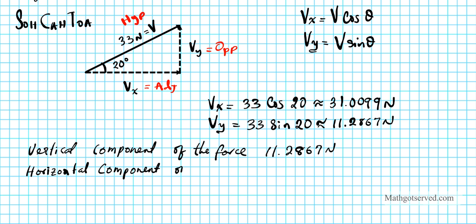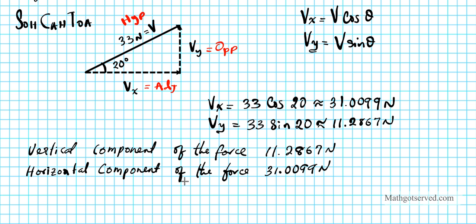Horizontal component of the force is going to be 31.0099 newtons. You can see that we have a greater force in the x direction because the angle is less than 45 degrees, okay? All right, so there you have it.